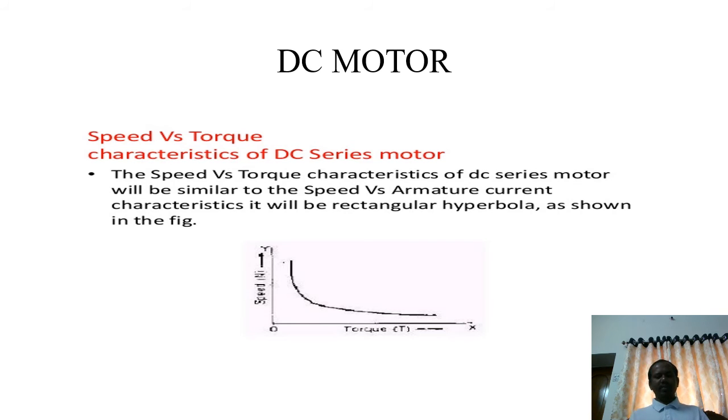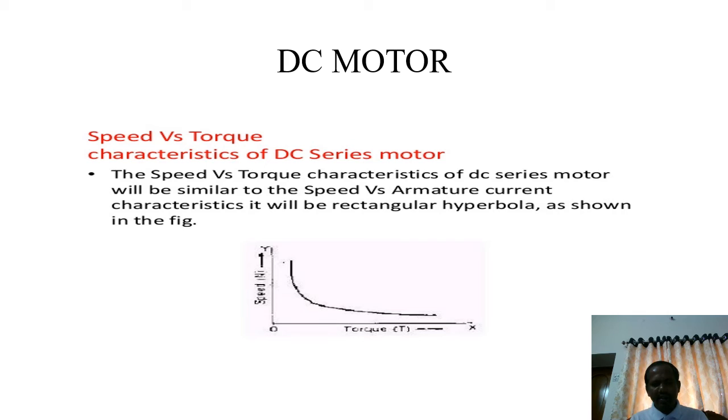Next, speed versus torque characteristics. In a DC motor, the speed versus torque characteristic of a DC series motor is similar to the speed versus armature current characteristic. It will be a rectangular hyperbola, with speed taken on the y-axis and torque taken on the x-axis.